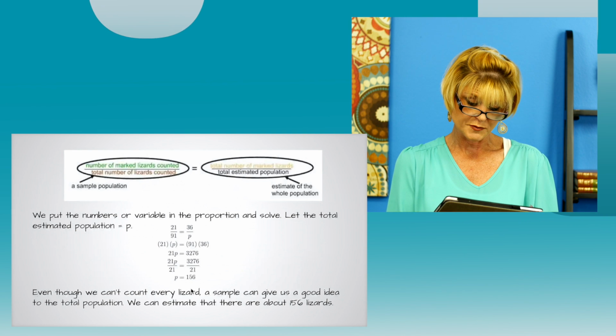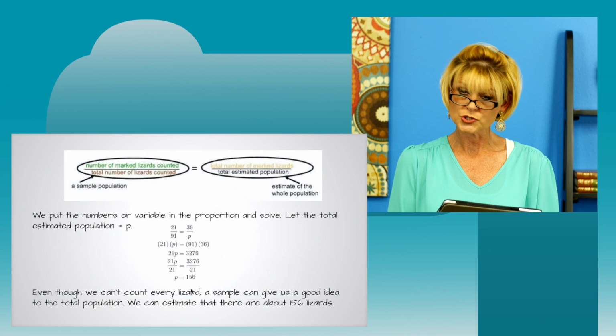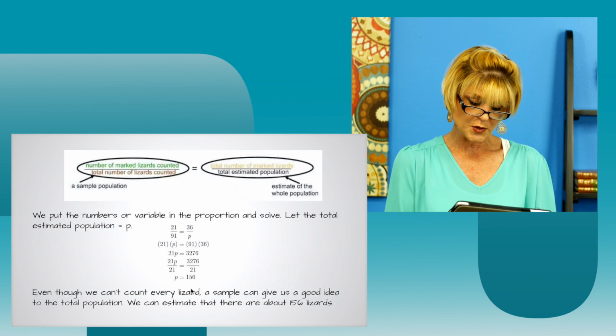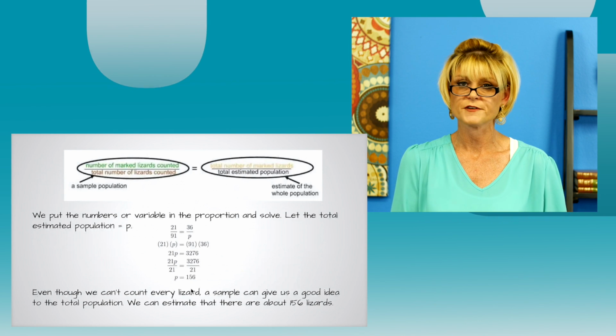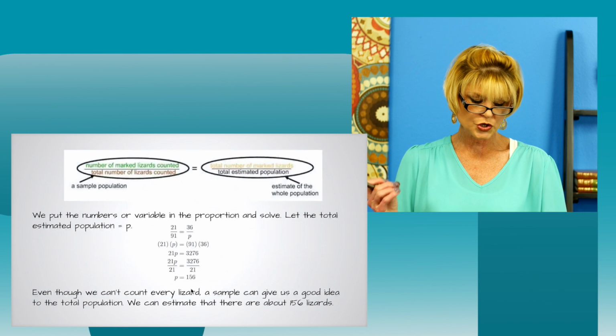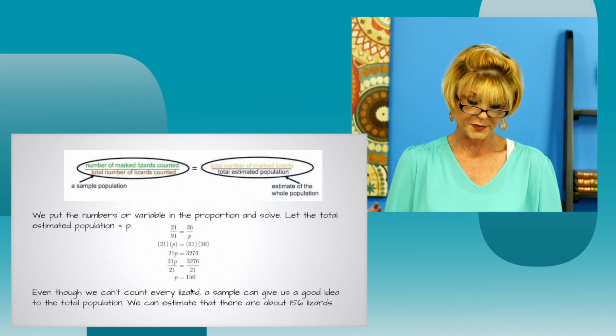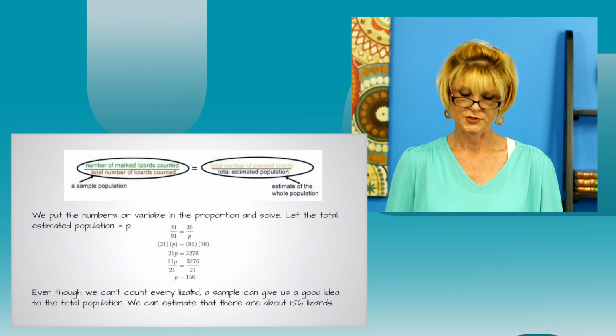We get 21 times P equals 91 times 36. 21P equals 3,276. We divide both sides by 21, and we have a P of 156. So even though we can't count every lizard, a sample can give us a good idea of the total population. And we can estimate that there's about 156 lizards around the lake.